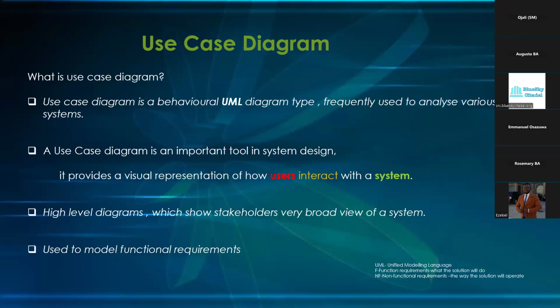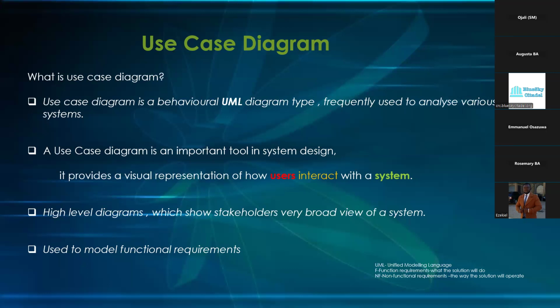Like I said, a use case diagram is simply a behavioral UML diagram type frequently used to analyze various systems. The use case diagram is also an important tool in system design. As a BA, you are also expected to understand system design principles, especially if you're a technical BA. The developers understand system design principles because they're going to be writing the code.